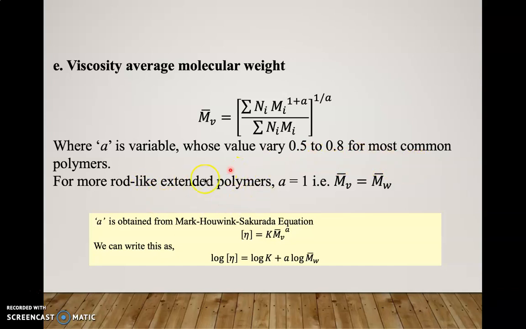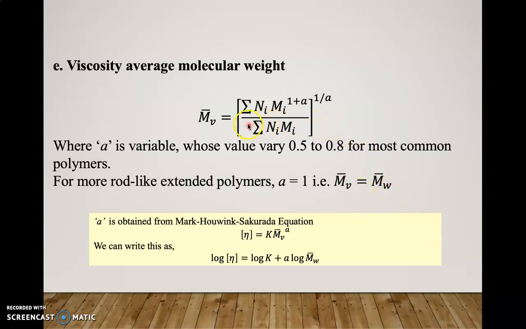However, for rod-like polymers, a will have a value of 1. In that case, when a becomes equal to 1, the equation reduces to the formula of the weight average molecular weight. That's why, especially for rod-like extended polymers, the viscosity average molecular weight equals the weight average molecular weight.